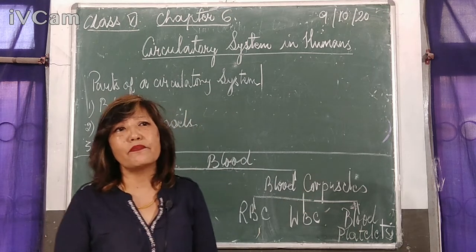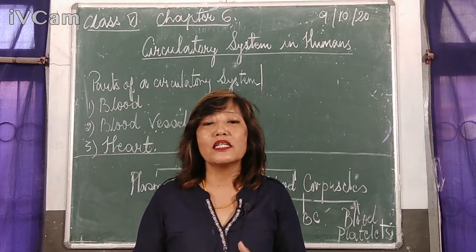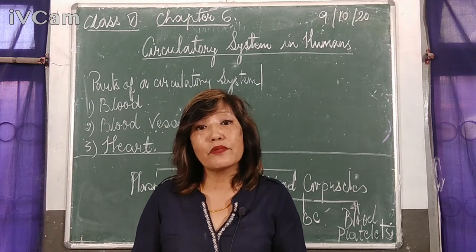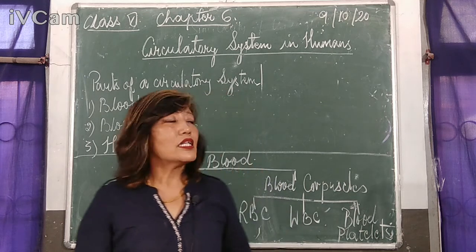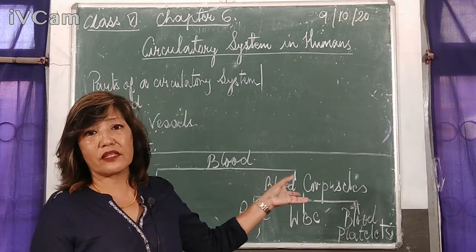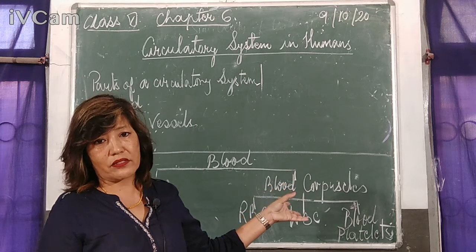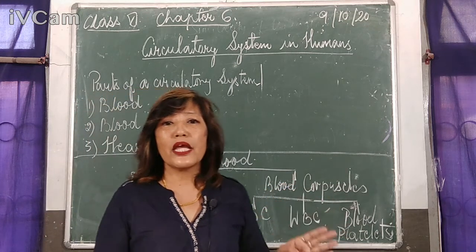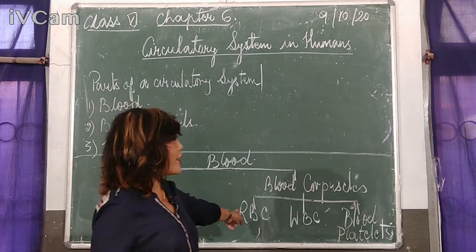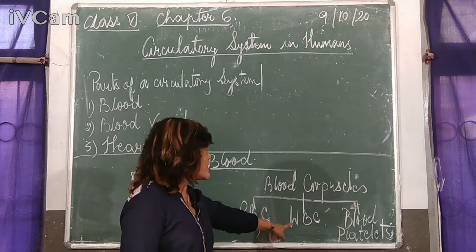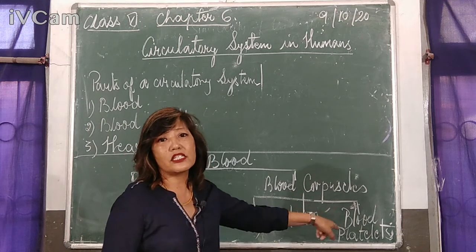Now, blood corpuscles means the blood cells. So, these blood corpuscles are the blood cells. Okay. And if you see the types of blood corpuscles, then there are three main types of blood corpuscles. And they are red blood cells, white blood cells, and blood platelets.